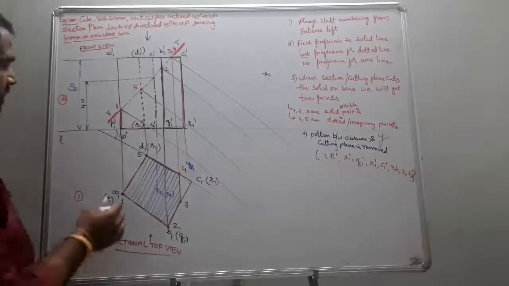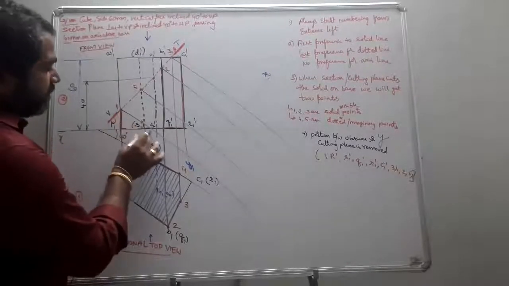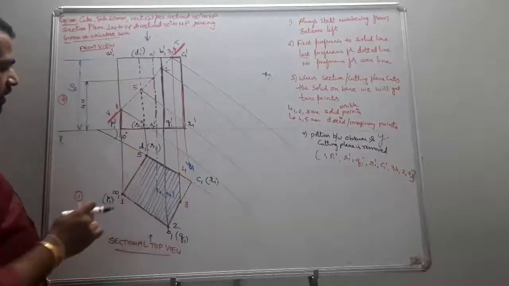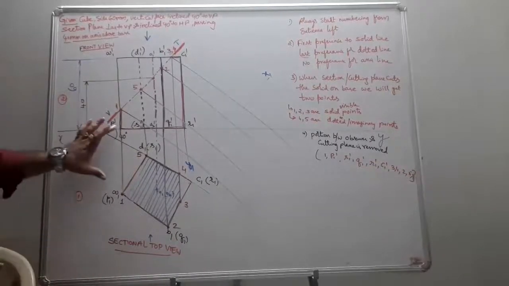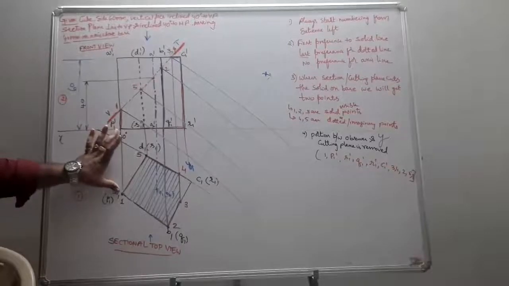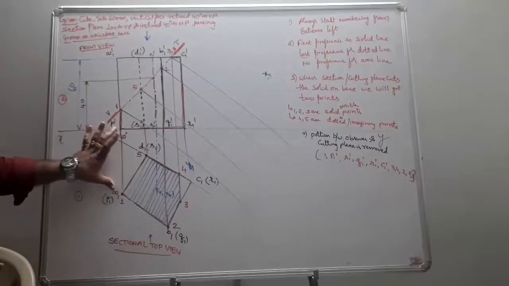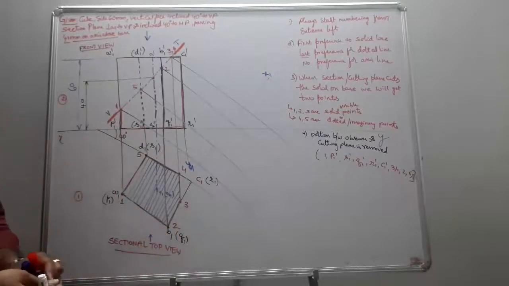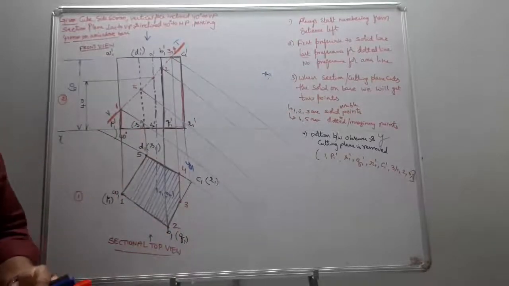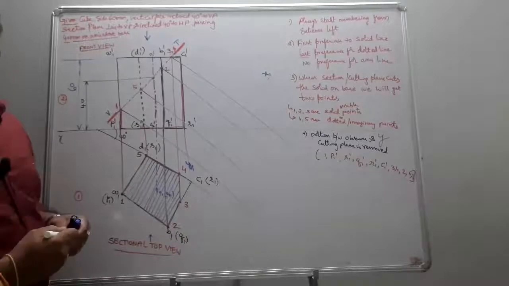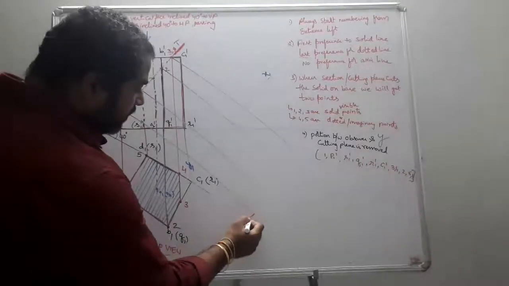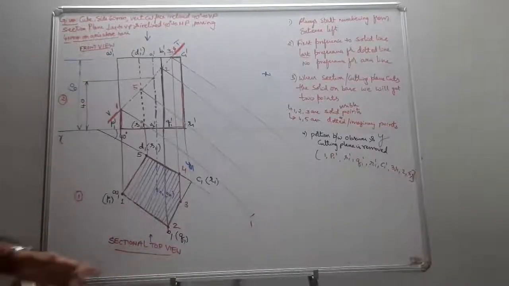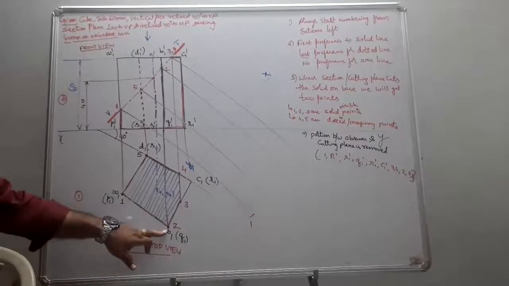Let us see. Point 1: this was a projector. Where your point 1 is from XY, the XY to 1 radius is taken, and you mark your point somewhere here. This becomes your 1.